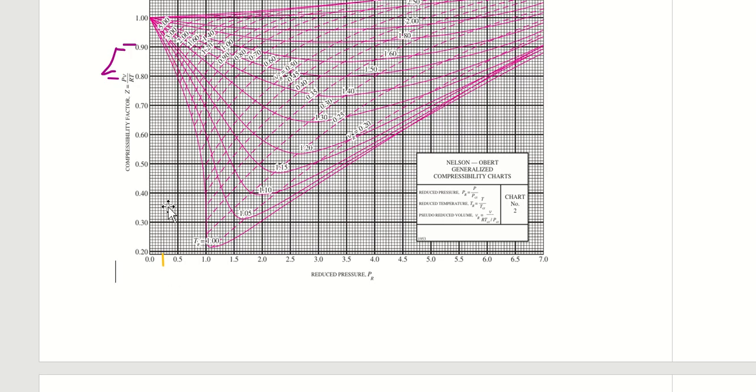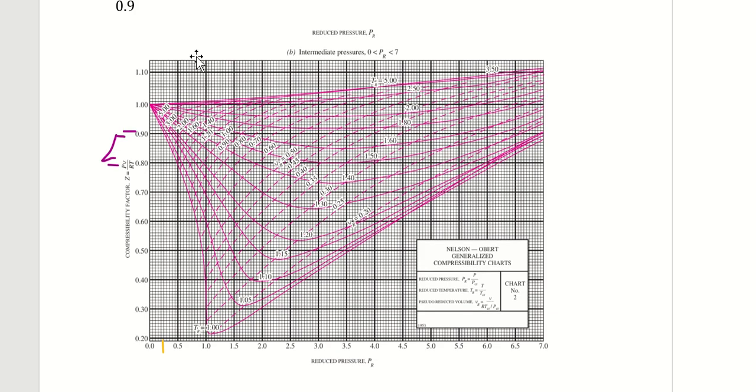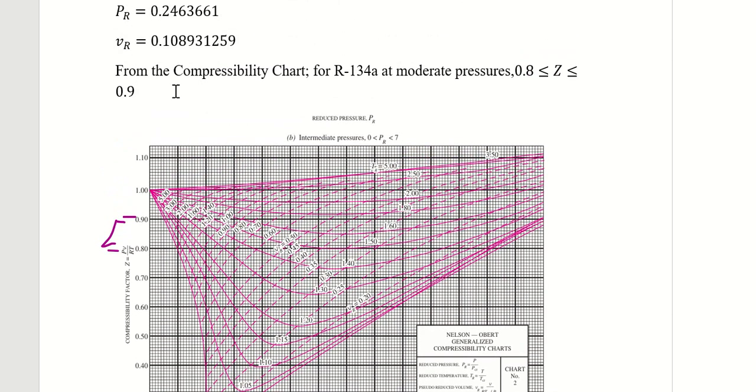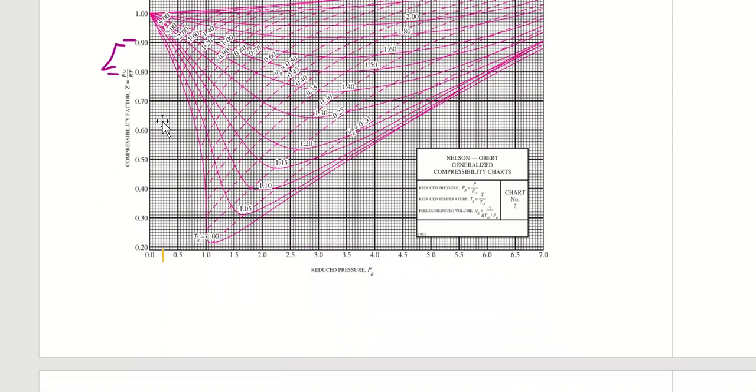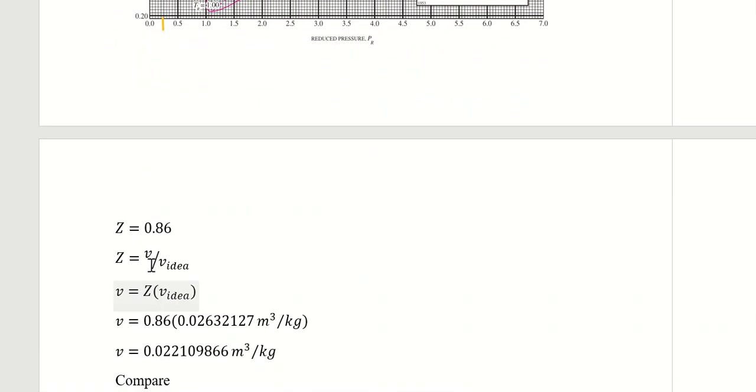You straighten your line, it hits here, and then you look for the value that corresponds from here. Once you get a value that is beyond 0.9, you have to redo it because you're doing something wrong. So we got a value of 0.86. That's the compressibility factor Z.